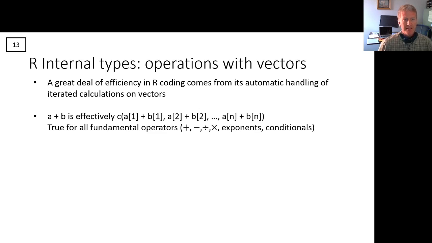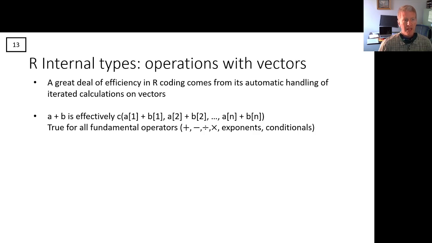Now the basics of this are pretty simple, but you have to pay attention to the details, because R will not throw any sort of error in some operations where you might expect an error in other programming languages. The basic rule for how R handles operations with vectors is to first do an element by element version of the operator.